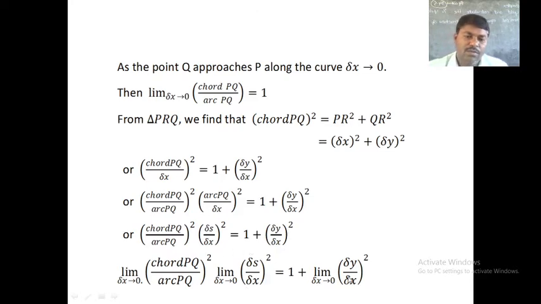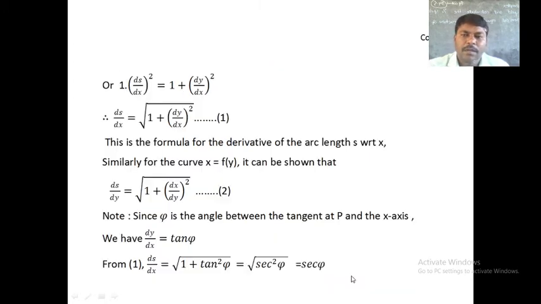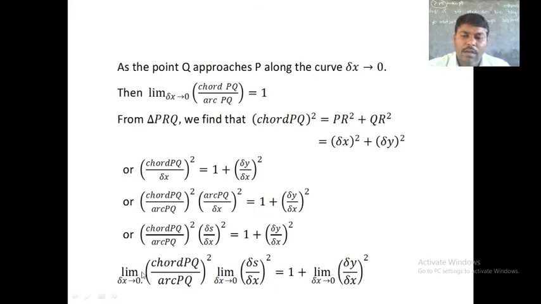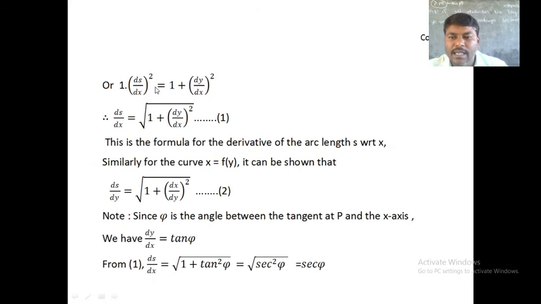The limit of chord PQ by arc PQ as delta x tends to 0 is 1, so 1 square is 1, into ds by dx whole square is equal to 1 plus dy by dx whole square. Therefore ds by dx is equal to square root of 1 plus dy by dx whole square. Call this equation number 1.